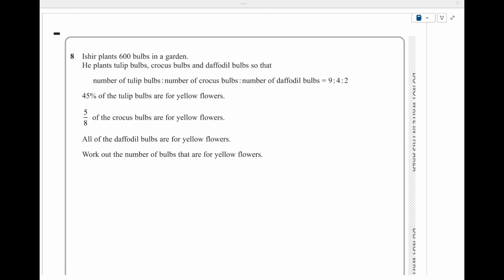Question 8. Let's just pause, scan the question, see what it's all about. A quick scan of the question tells me that it's going to be about ratios and percentages. Let's have a look at the question properly, shall we? Right, we're planting 600 bulbs in a garden.